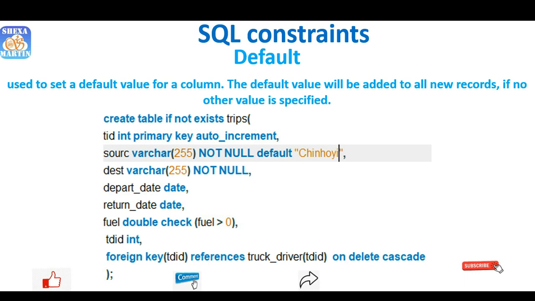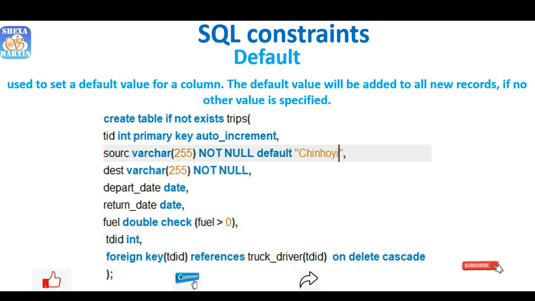To avoid a null value, we specify a default value. Earlier we said that by default a column takes null values. But if you don't want that column to take null values, you specify NOT NULL. Now, if you say NOT NULL and don't provide a value, then it's going to give you an error. But to avoid the error, you specify a default value that is allowed for that column.